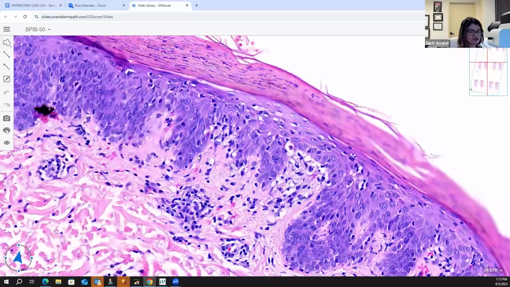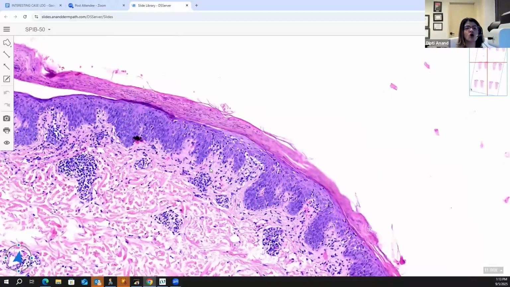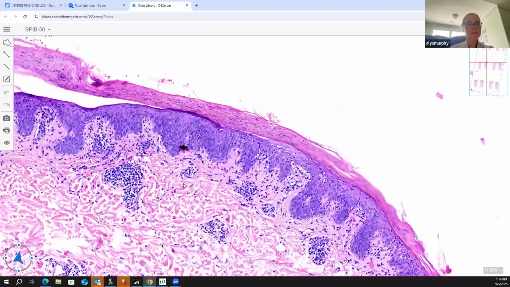So don't use the word vacuolar. Apologies. But then you also said another thing. You said vacuolar and you said the lymphocytes in the epi. Correct. That's why you talked about it. Okay. Vacuolar with lymphocytes in the epi is pityriasis lichenoides.